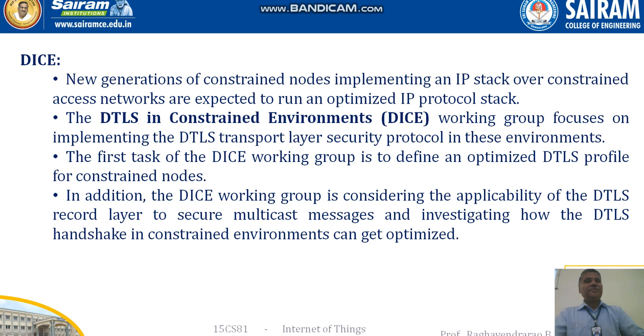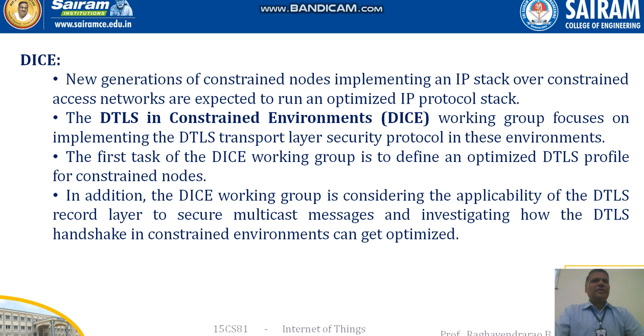The first task of the DICE working group is to define an optimized DTLS profile for constrained nodes. In addition, it should also consider the applicability of the DTLS record layer to secure multicast messages and investigate how the DTLS handshake in constrained environment can get optimized.